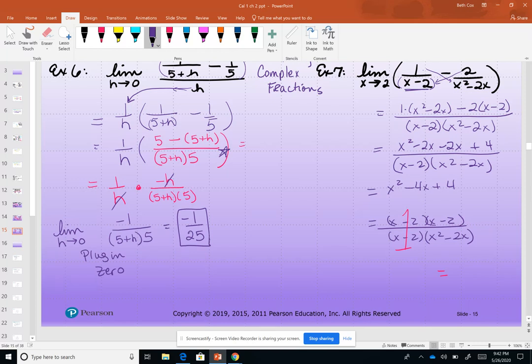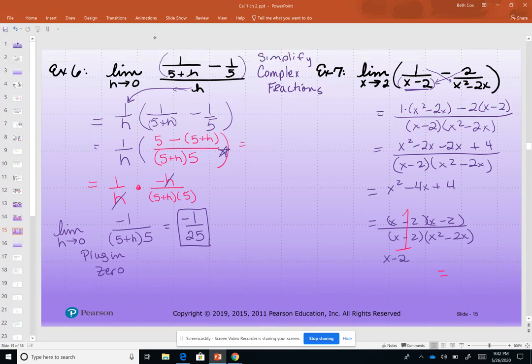We have x minus 2 over x times x minus 2, and there we go again. So I've got 1 over x. Now I can do the limit as x goes to 2 of 1 over x, and I get 1/2. Okay, so keep plugging along, keep trying.